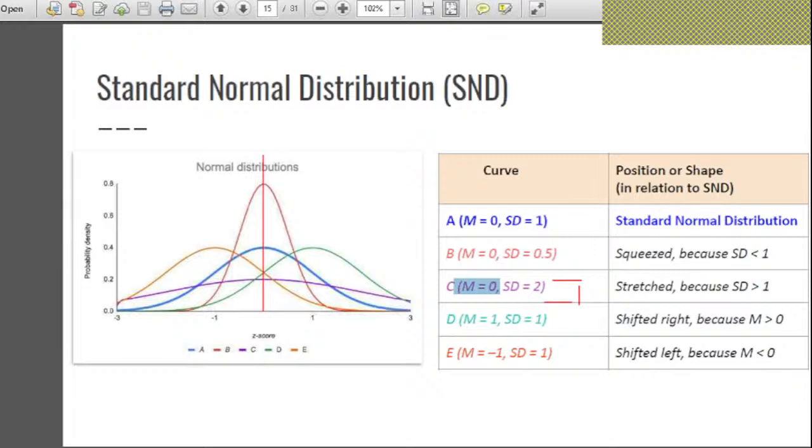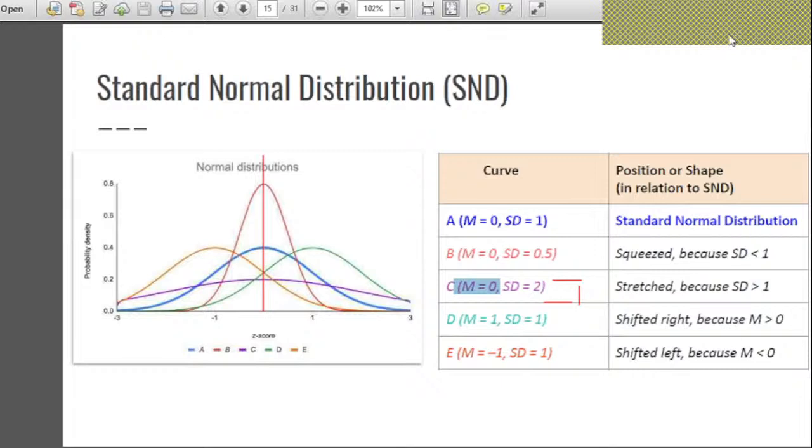Isn't it more than blue? So when you have a distribution which has a standard deviation more than blue, I will have to squeeze it from both the sides and normalize it so that it takes the shape of the standard normal distribution.